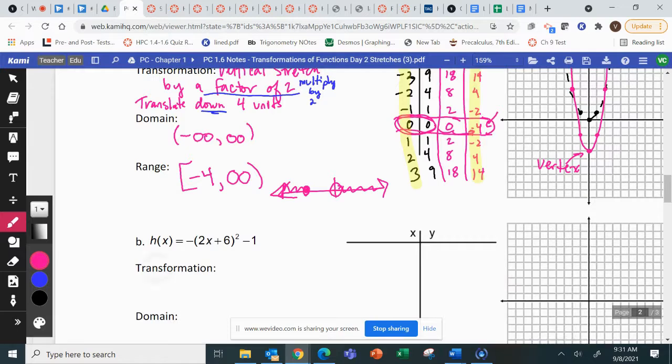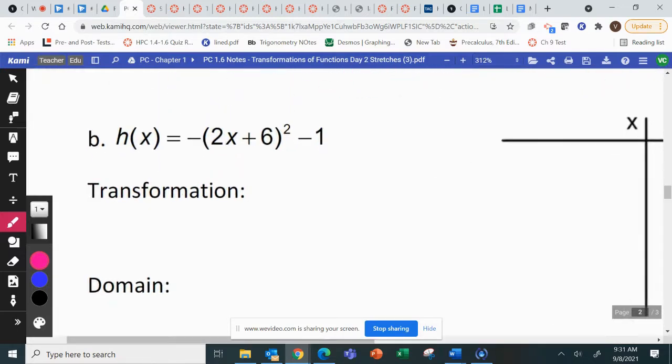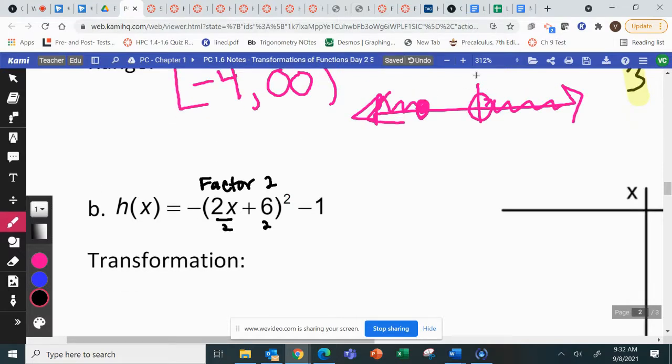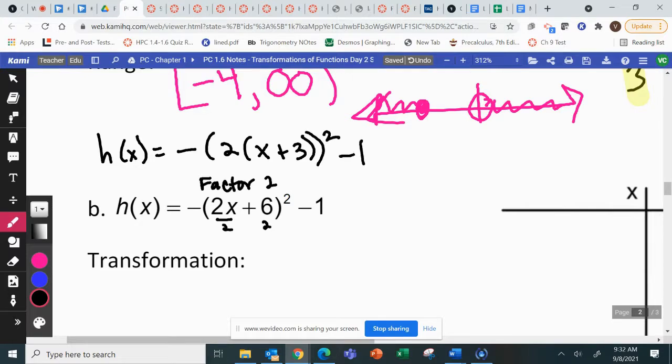So with this one here, I've got this 2 that is not in its own separate parentheses from the X plus whatever the translation is. So we're going to factor it before we start. We're going to factor the 2 out like a GCF. I'm going to rewrite my equation. I'll have negative parenthesis 2, a second parenthesis, X plus 3, parenthesis squared minus 1.